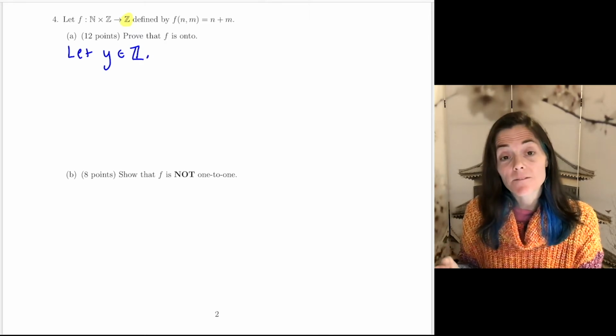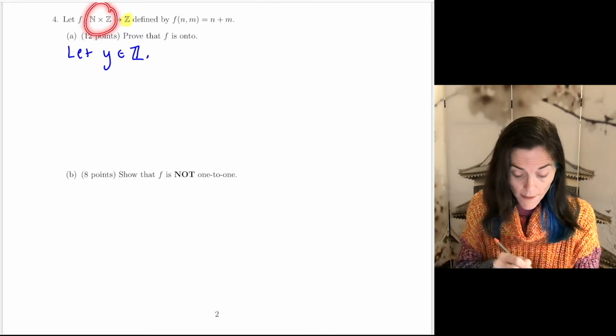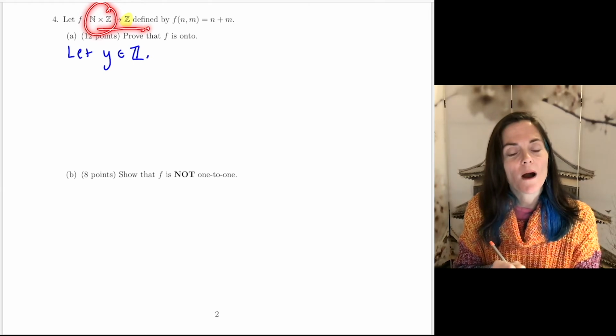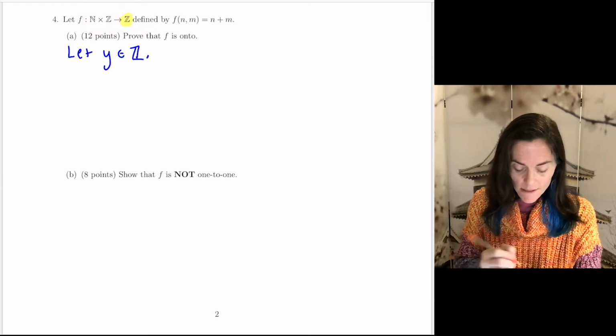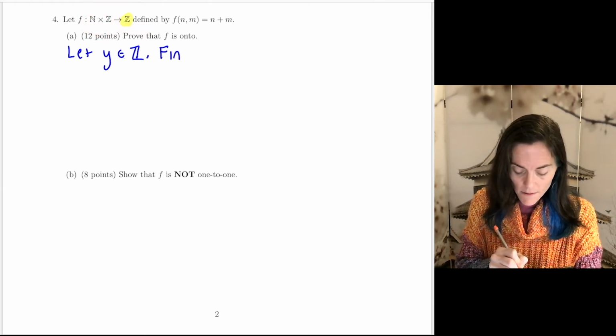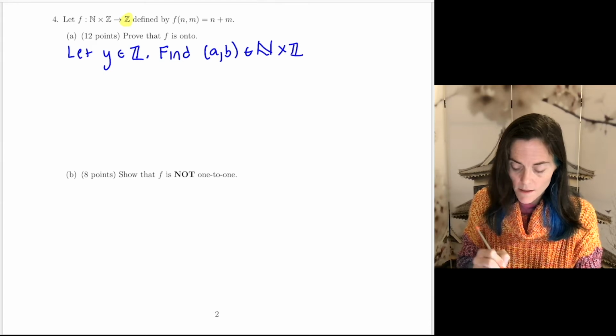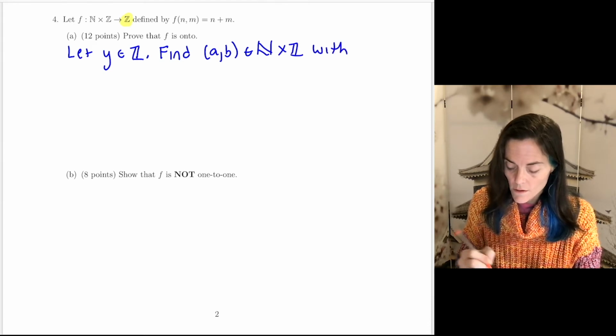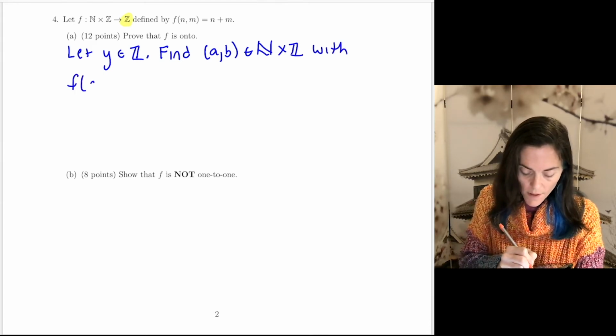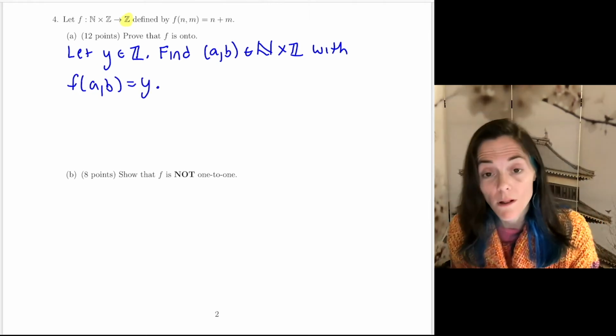And then I need to find something over here that maps to y. So I need to find an (a, b) in N cross Z with f of (a, b) equals y. This is my goal here.